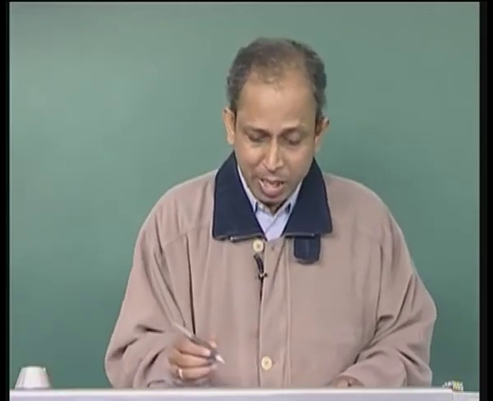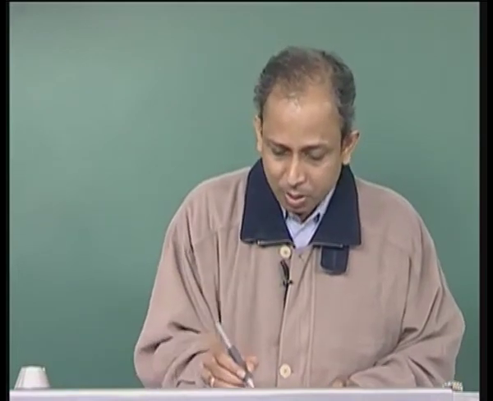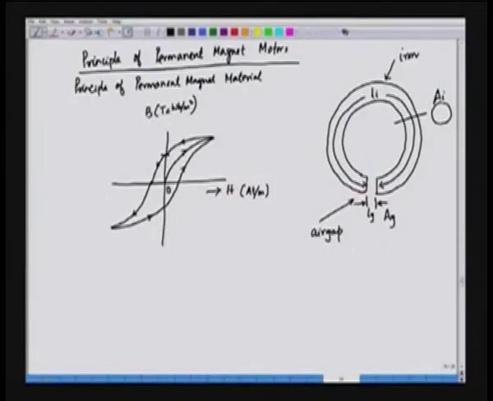So, in this BH loop we have got some important property. This is called BR. BR is basically the flux density for H equal to 0.